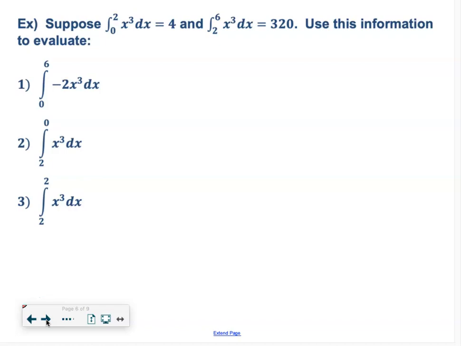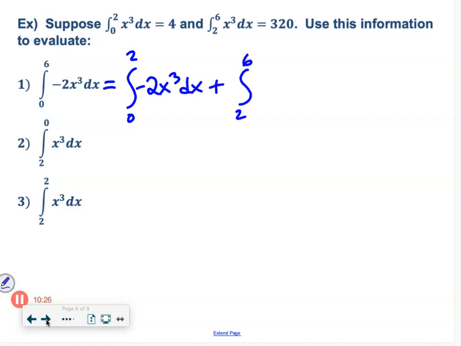Okay, the first one, we don't know the integral from 0 to 6, but we know the integral from 0 to 2 plus the integral from 2 to 6. But we have this pesky -2 in front. I really should have put the -2 in front at the beginning, but that's okay.